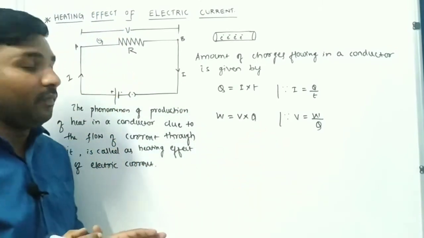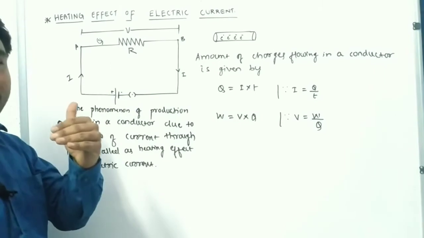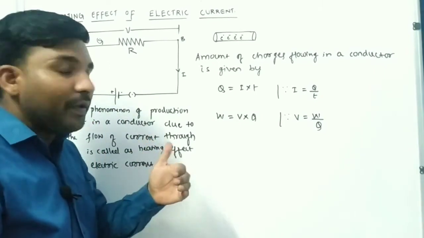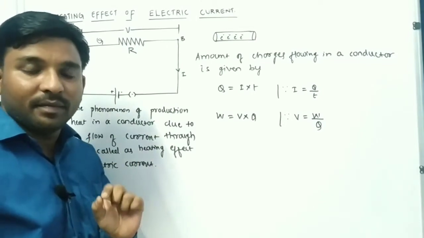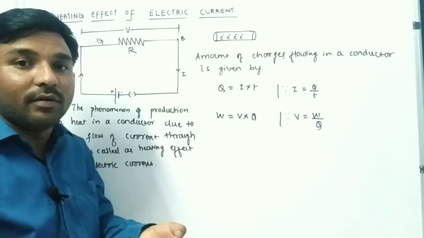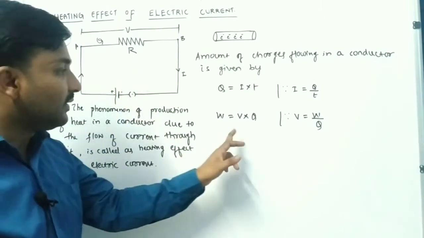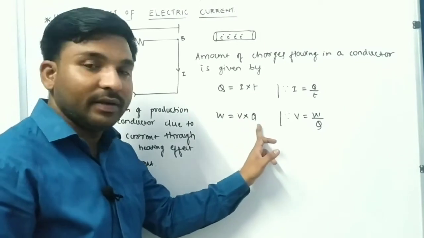What I mean to say is, when the charges are moving in a conductor, there is work done. So how much work is done in this conductor? This much, that is W is equal to V into Q. Right?